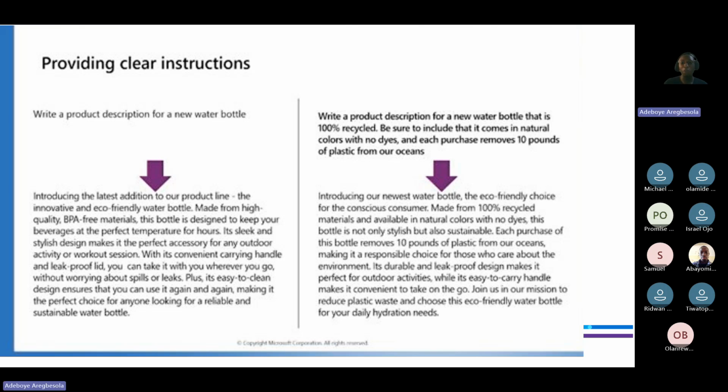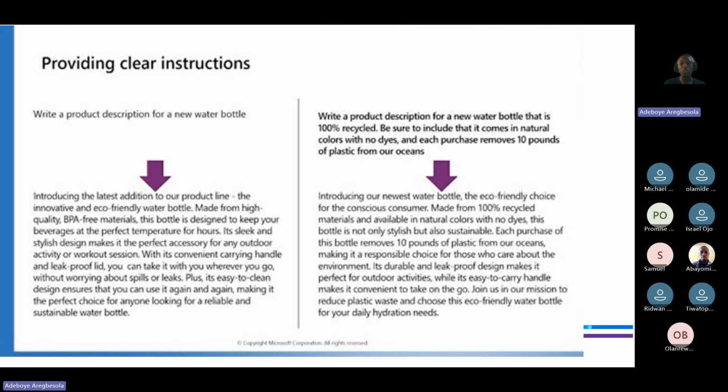But now, they further went on to say, be sure to include that it comes in natural colors with no dyes, and each purchase removes 10 pounds of plastic from our ocean. So now this is much more stylizing to what you actually need.